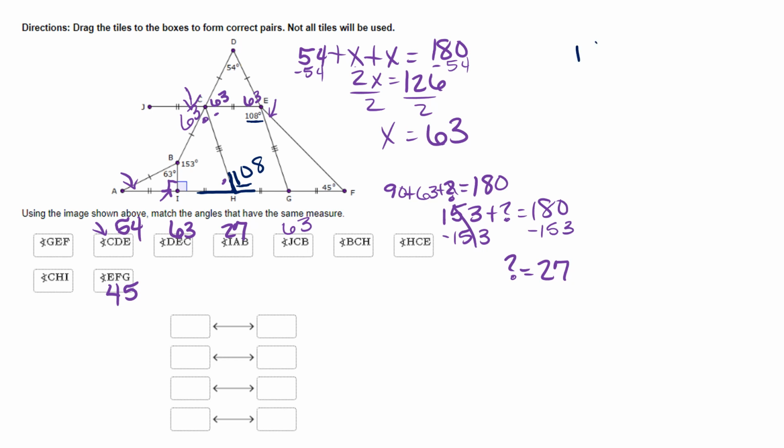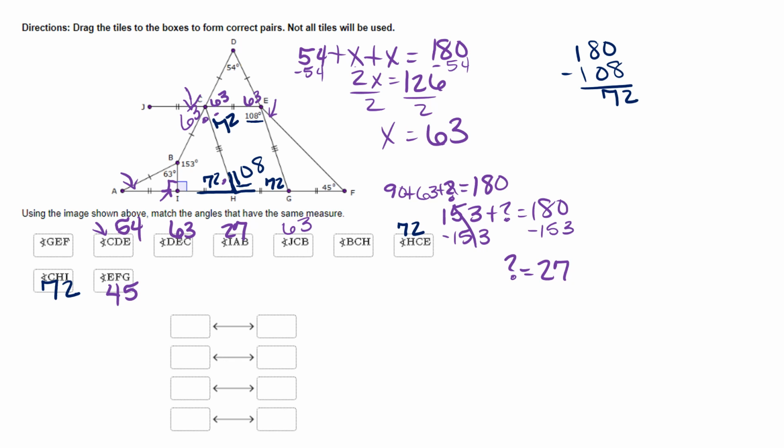So I can say 180 minus 108 gives me 72. So IHC, or CHI, is 72. I also know that this one is 72, and that means this one is 72, because those two opposites are congruent and quadrilaterals add up to 360. So ECH, there we go, is 72 as well.